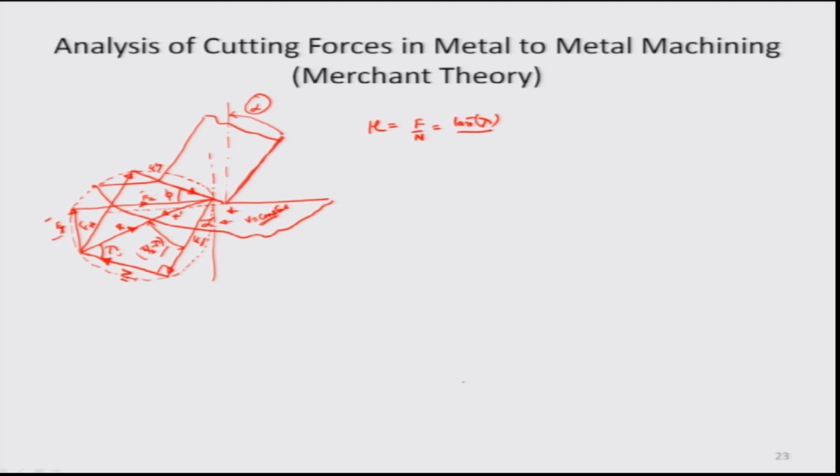And so, the total angle right here can be represented as 90 degrees minus 90 minus lambda minus alpha, which is lambda minus alpha.